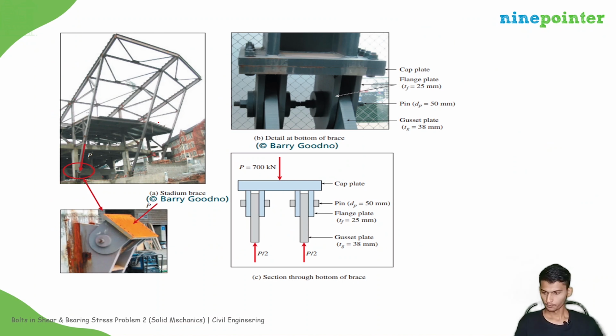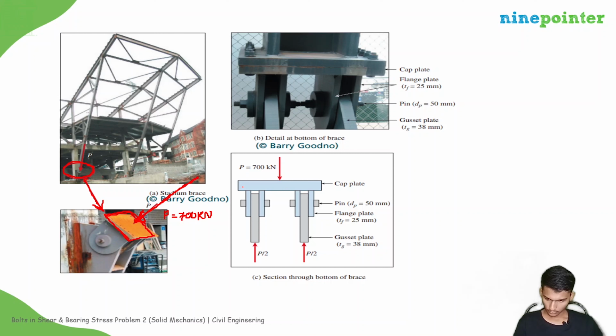Let us move forward. If you see this in an enlarged view, this brace is connected here, and it is applying P equal to 700 kilonewtons. Here they provided a cap plate, such that it will transfer load uniformly to the four flanges available there. Where are the four flanges?